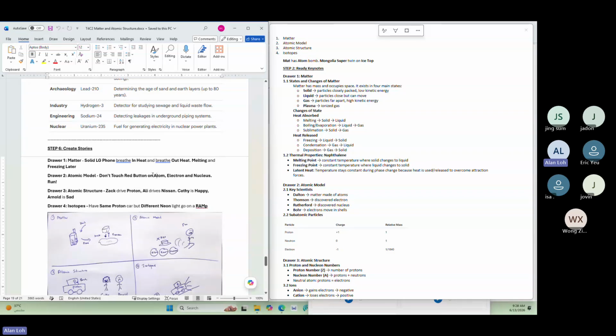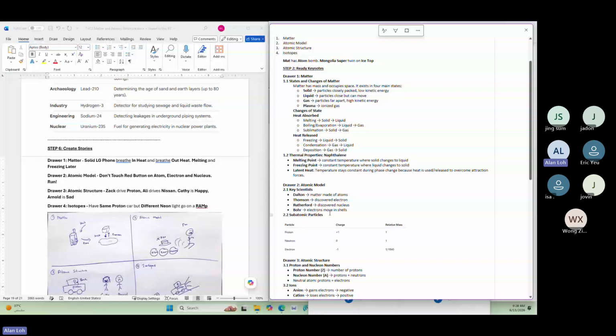Also, you have this scientist, D number 1, T number 2, R number 3, B number 4. So if you see, Dalton is about atom, Thomson is about electron, Rutherford is about nucleus, and then Bohr is about some movement. So I make it as run. Okay, don't touch red button on atom, electron, and nucleus, run.